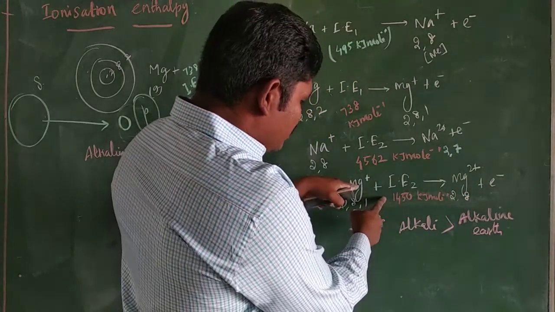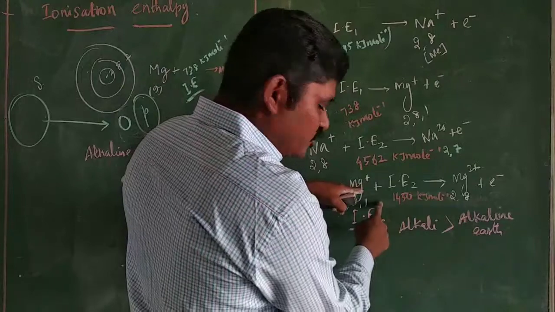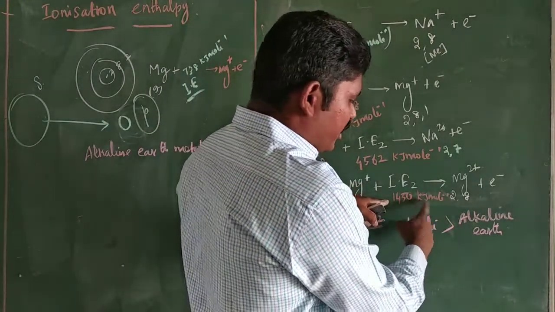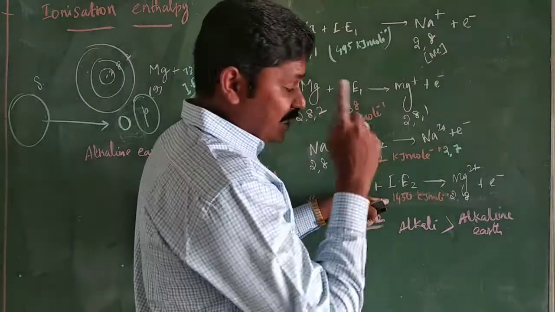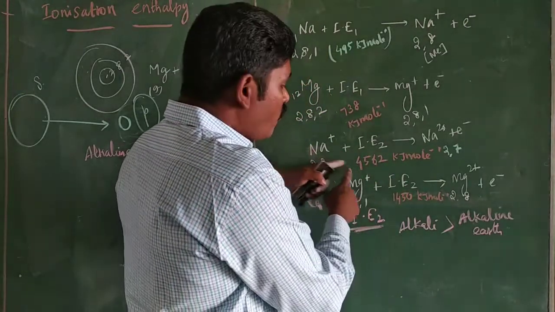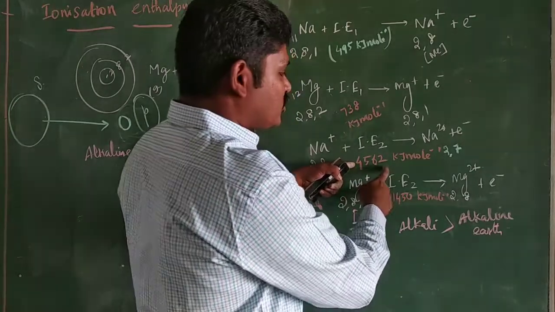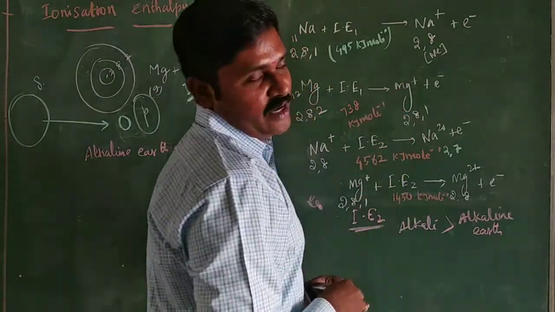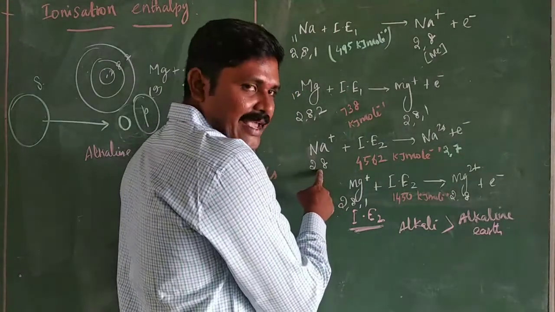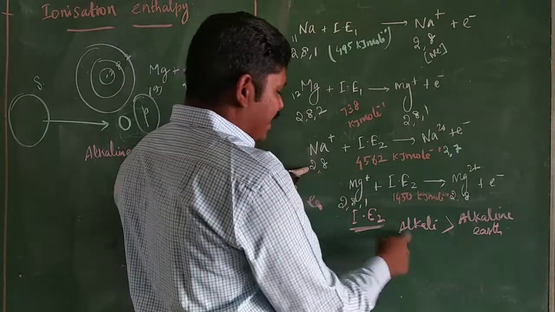So the second ionization energy of alkaline earth metals, for example magnesium, is 1450 kilojoule per mole, but the second ionization energy of the alkali metal sodium is 4562 kilojoule per mole.